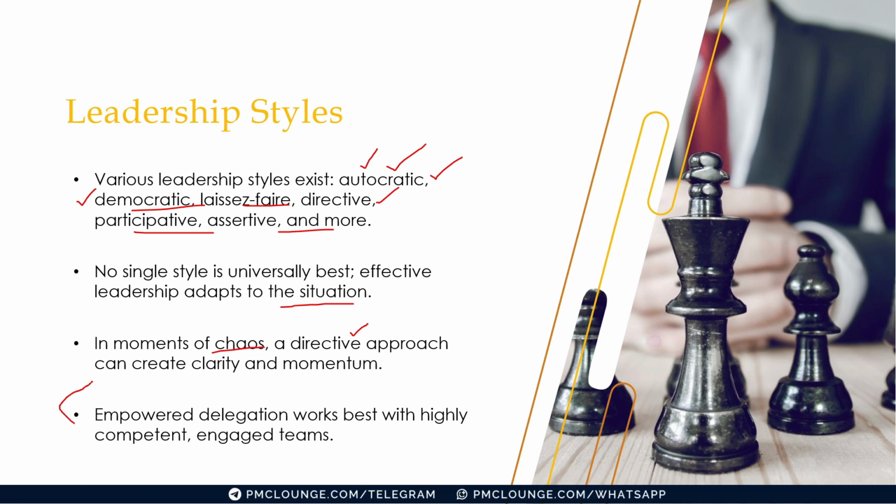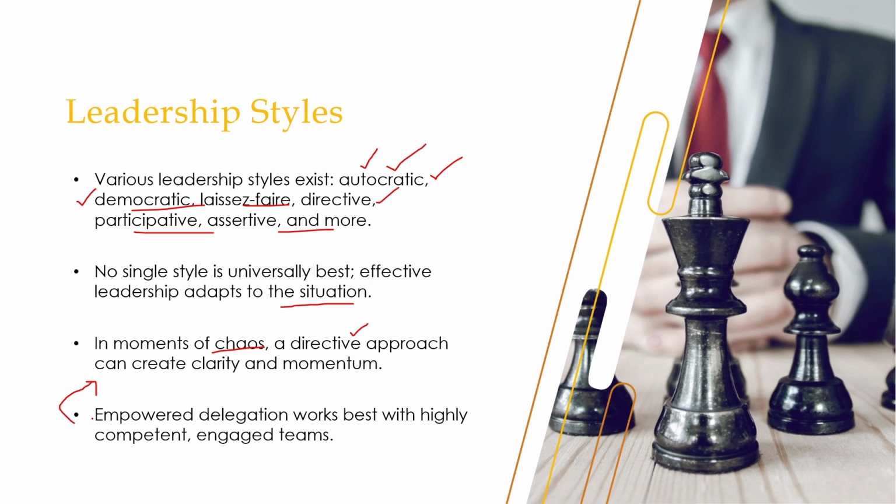So when you are working with a team that is skilled and motivated, you as a leader can delegate responsibilities effectively, and this is going to foster an environment where team members can themselves take ownership, drive results, and act based on the best of their abilities in the moments of chaos.